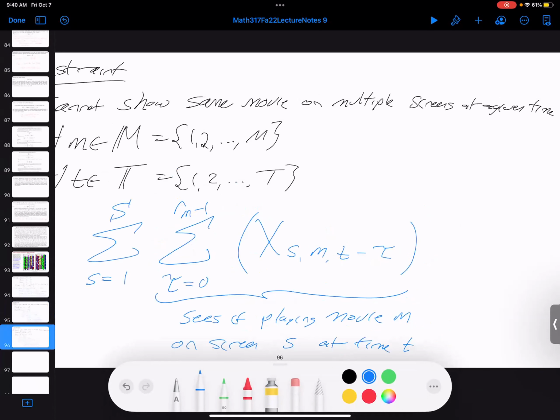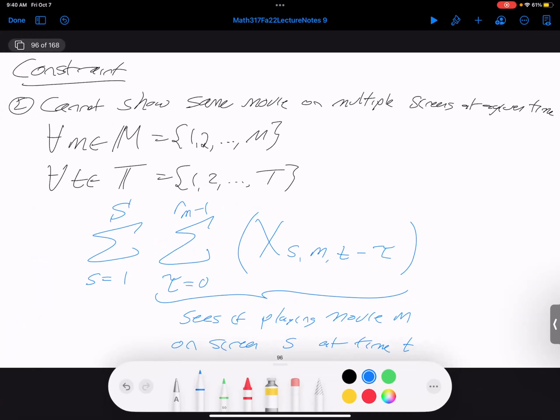So over here, we cannot show the same movie on multiple screens. What should this be less than or equal to? Also 1. These are hard constraints. These must be true. You can't be showing a movie on multiple screens. You can't have 1 screen showing multiple movies.